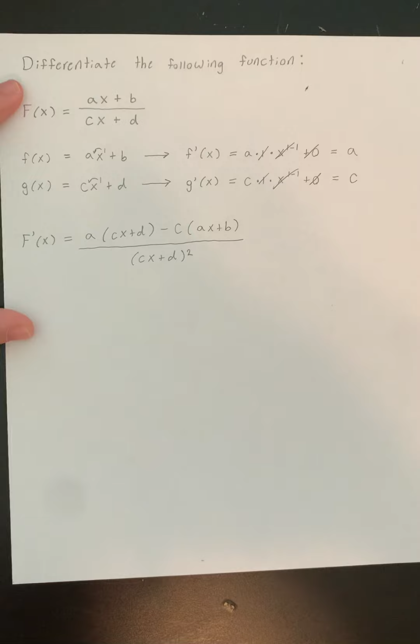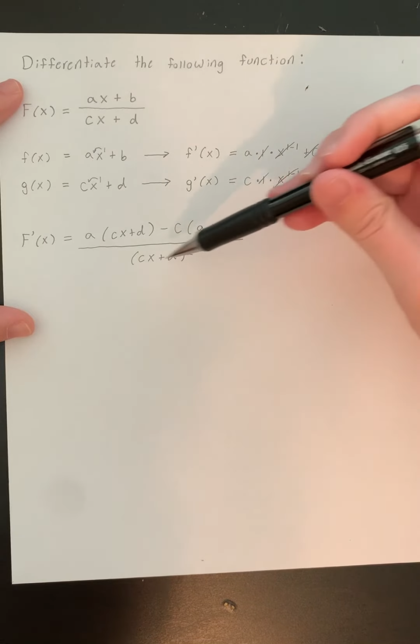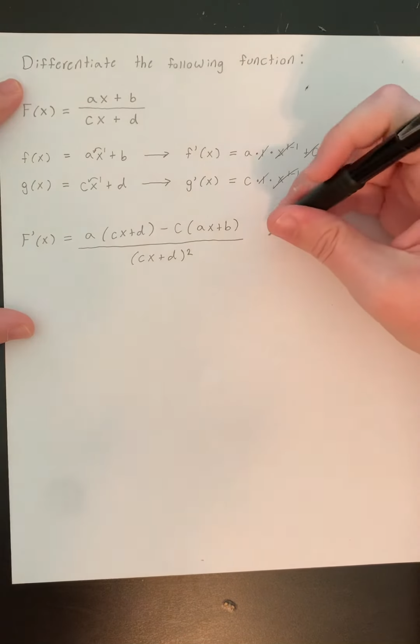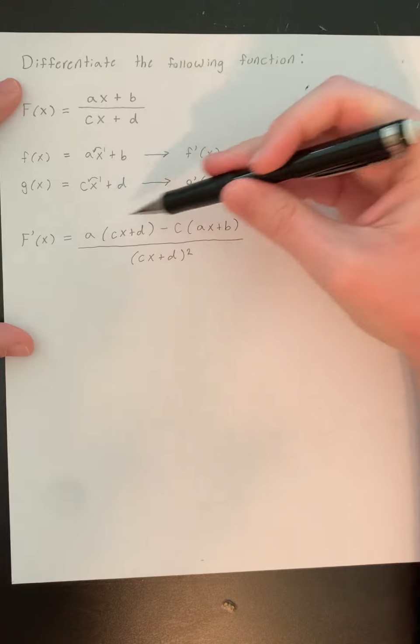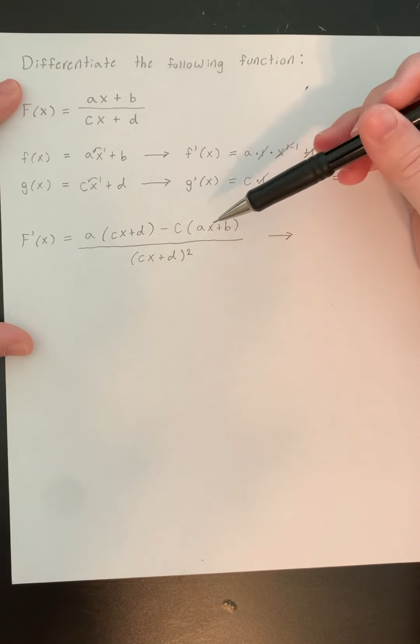Technically this is our solution, but we're going to want to simplify things a bit, just to be good math students. I'm going to leave the denominator as it is because that's a simpler way to write it, and when we're simplifying we want to keep it as simple as possible. But for the numerator, I'm going to distribute this a and distribute this c.